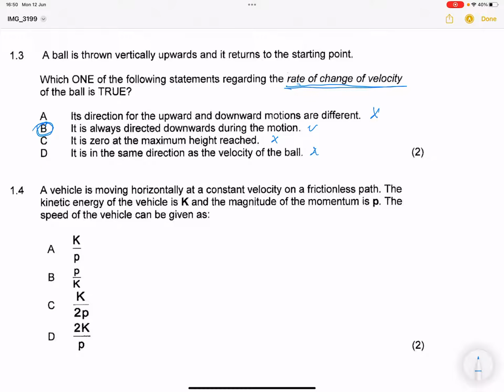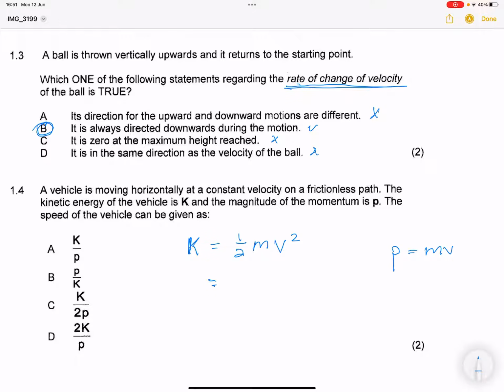When we look at momentum and the kinetic energy, we know that kinetic energy, they said we can represent it as K. So this is going to be half times m times v squared. But we know that P is equal to m multiplied by v.